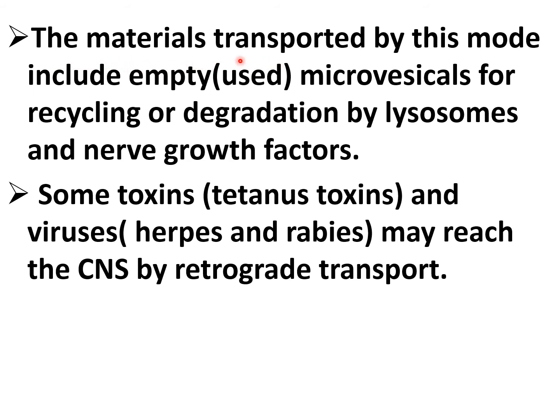The materials transported by this mode include empty microvesicles for recycling or degradation by lysosomes, and nerve growth factor. Some toxins like tetanus toxin and viruses like herpes and rabies may reach the central nervous system by retrograde transport.